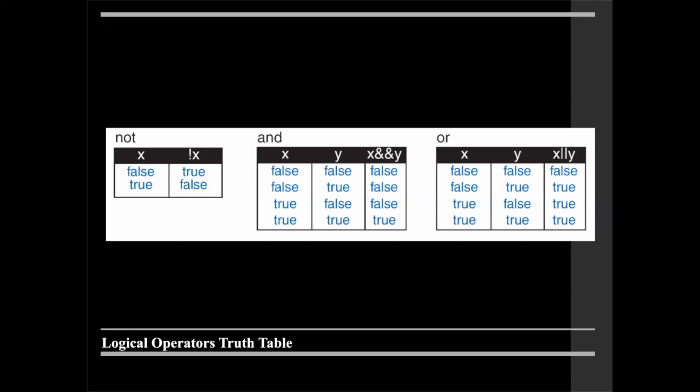So this is our logical operators truth table. If you look at this, AND is represented by double ampersand in C, C++, Java, and Python. And when you have a double pipe here, this is what we call OR. You probably studied this as well in math.